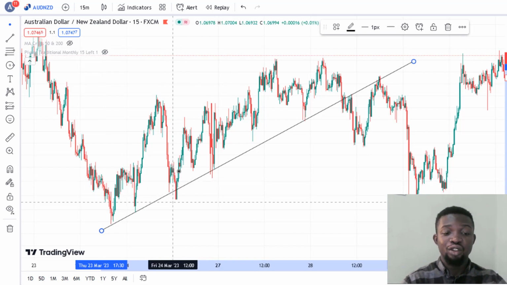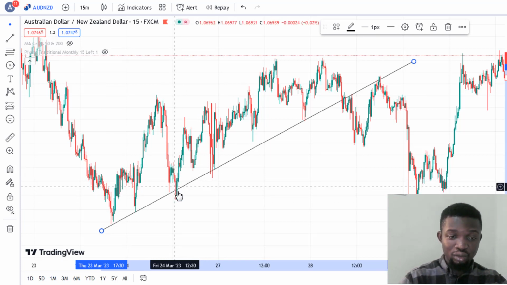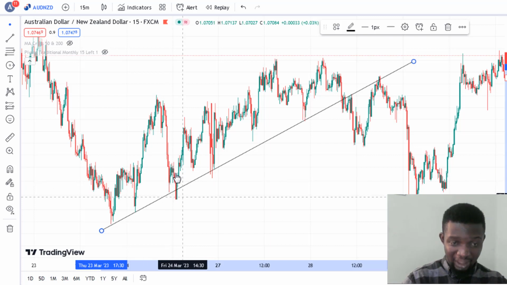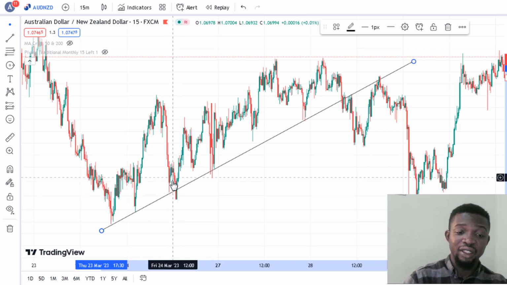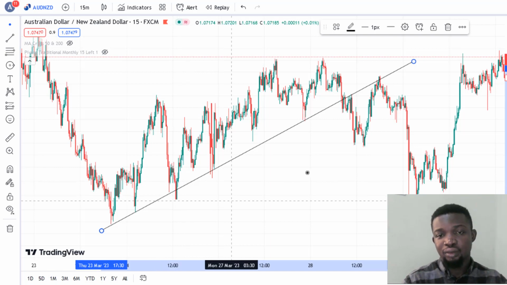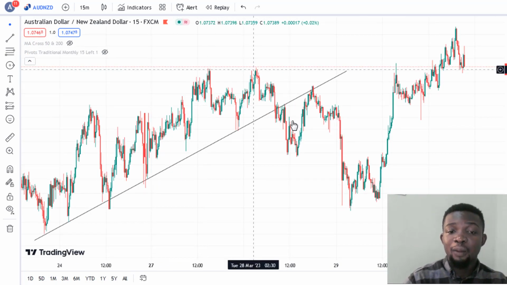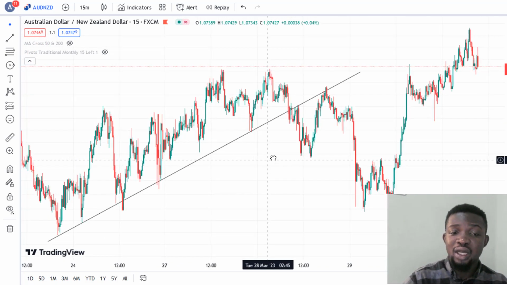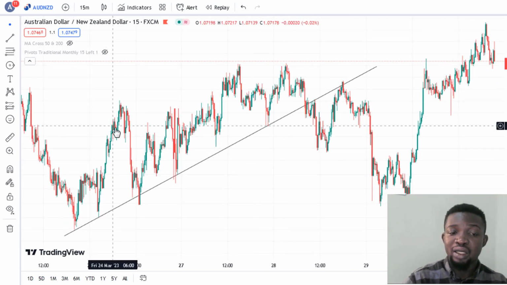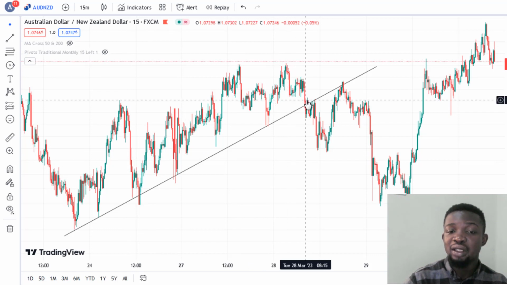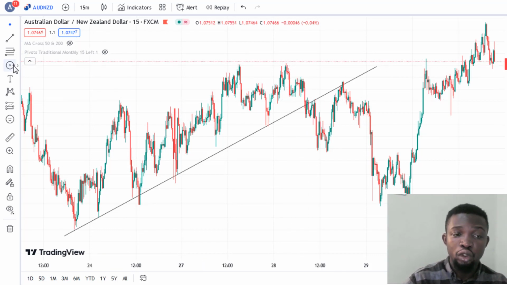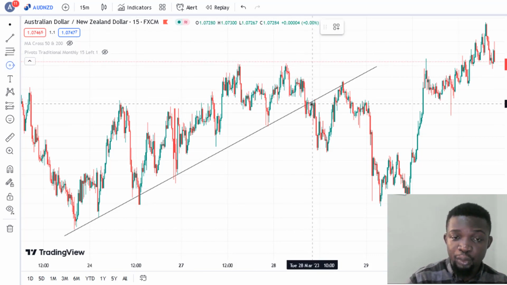That is why I said you always need to wait for that complete breakout and retest before you start saying there's a breakout. Now we had the price bouncing back from this trend line. Eventually price broke through the trend line at this point.